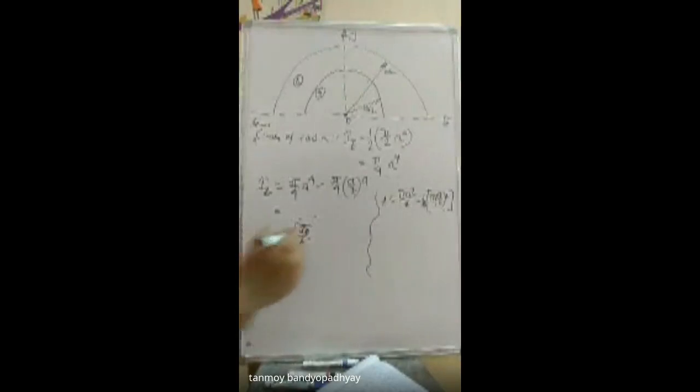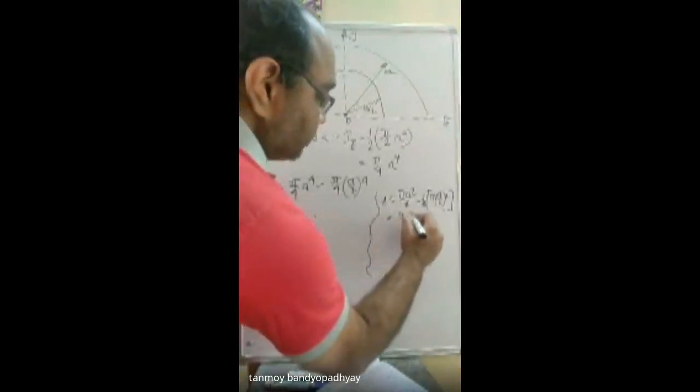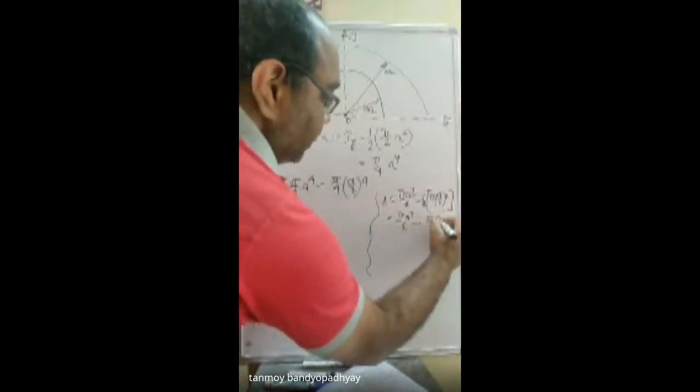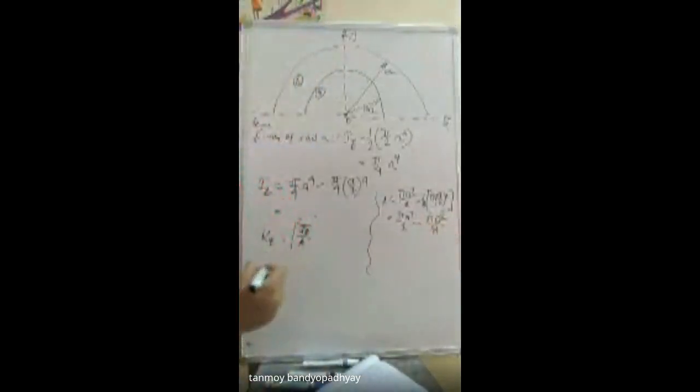So this is pi a square by 2 minus pi a square divided by 8. You can calculate it, put the values here, and see what expression for Kz you are getting.